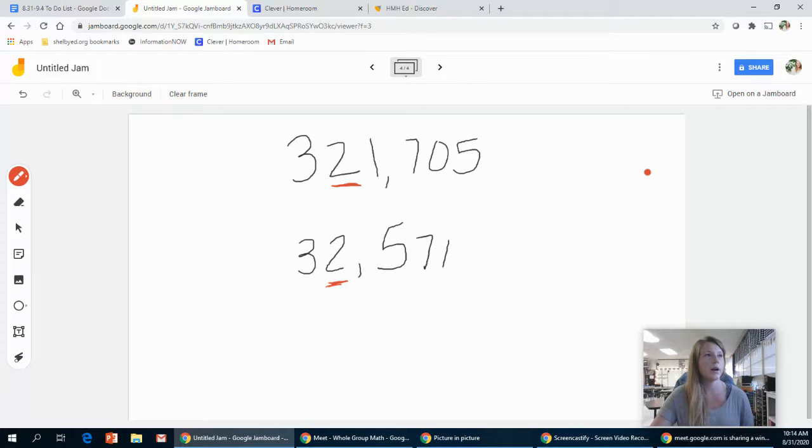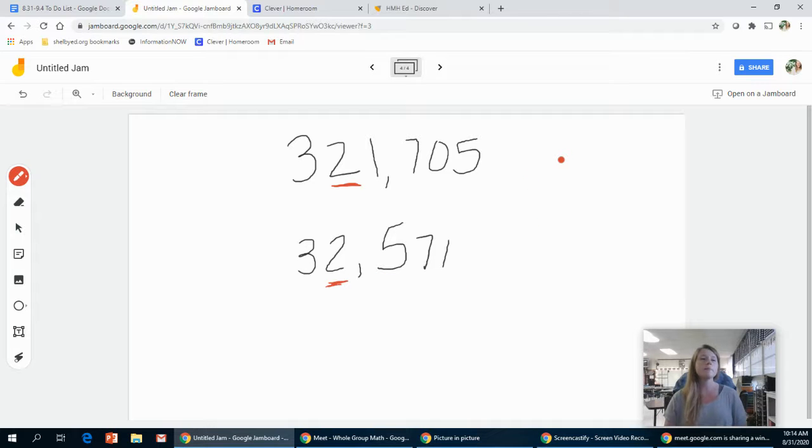All right, so there's our 2. We have a 2 in the 10,000s place, and then we have a 2 in the thousands place. But the question wants to know how many times bigger the value of the 2 in 321,705 is than this 2 in 32,571.